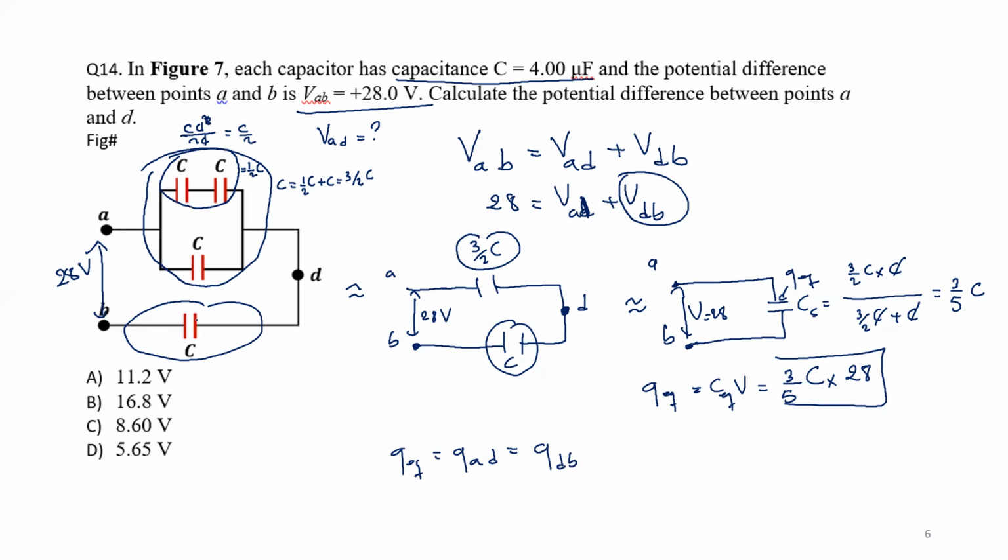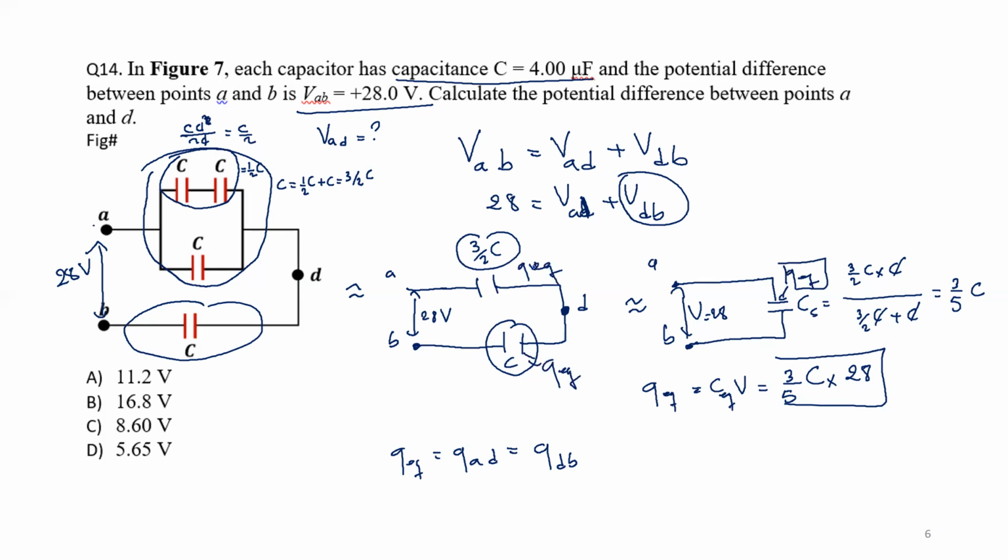Because you see here, between A and D and B, you have two capacitors in series. And again, capacitors in series have the same charge. So the Q equivalent that I find here is the same as Q equivalent here, which is the same as Q equivalent here.